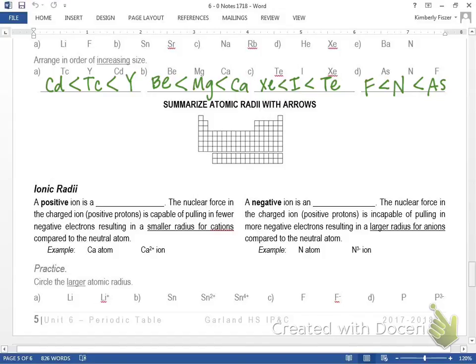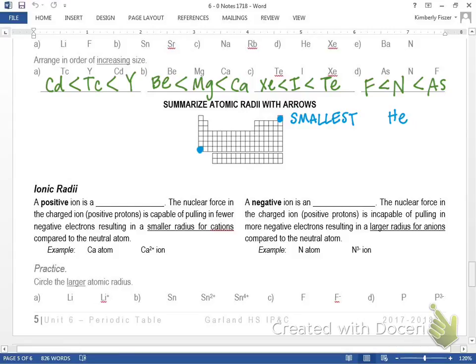Here's a trick to help you out. On this little periodic table underneath, if you'll color in this guy up here and this guy down here. This one is the smallest one.